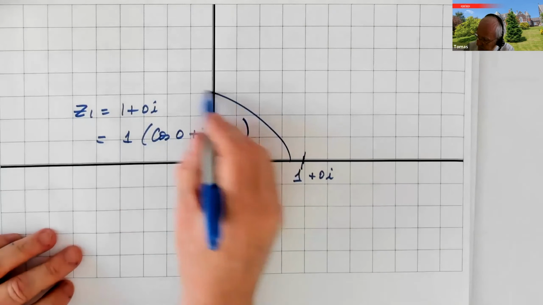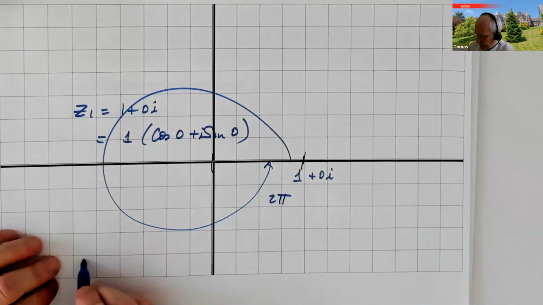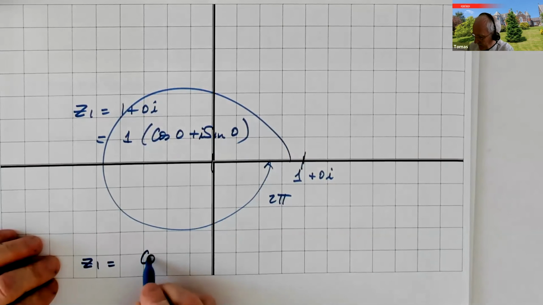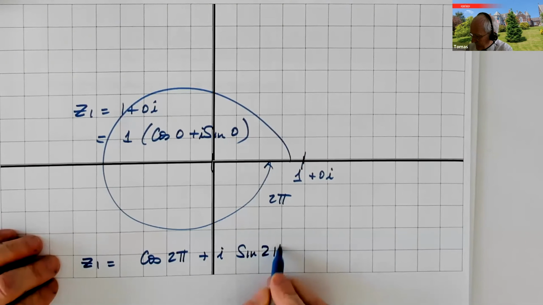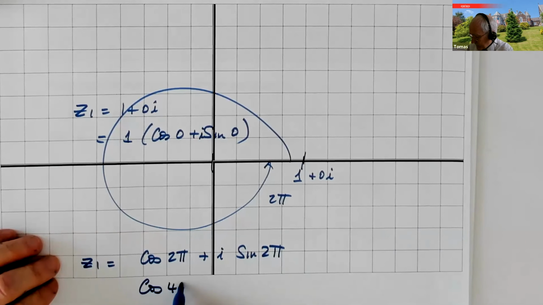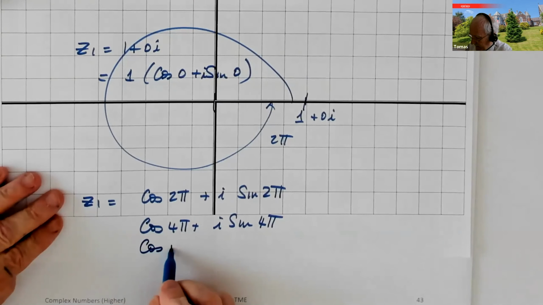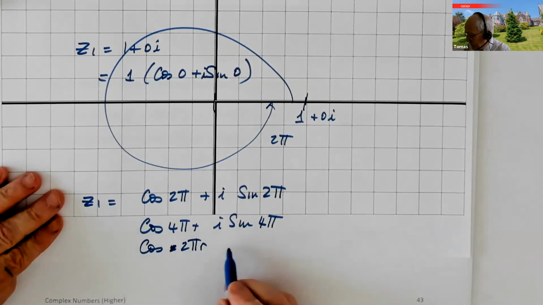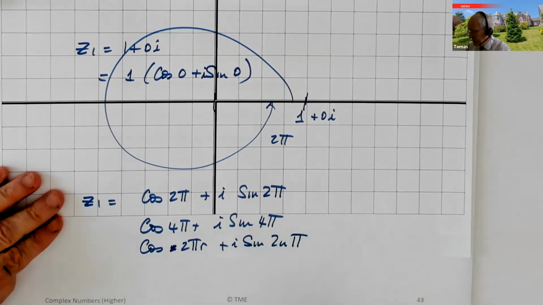But the angle naught is also the same as the angle 2 pi. So really I'm saying that it's cos 2 pi plus i sine 2 pi, or cos 4 pi plus i sine 4 pi, or cos 2n pi plus i sine 2n pi, whatever way you want to do it.